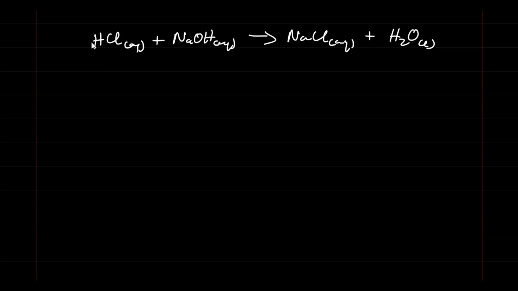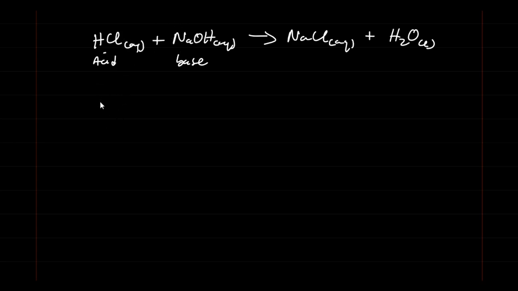This one is our acid, and this one is our base. Now, before I mix the HCl and the sodium hydroxide, remember that they are in aqueous solutions, meaning that they are in solutions that contain water.